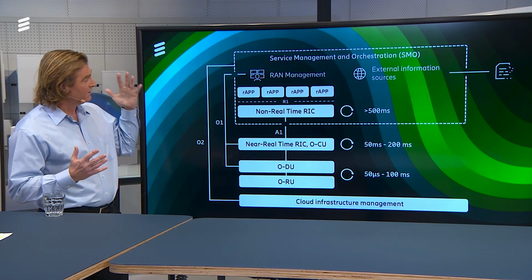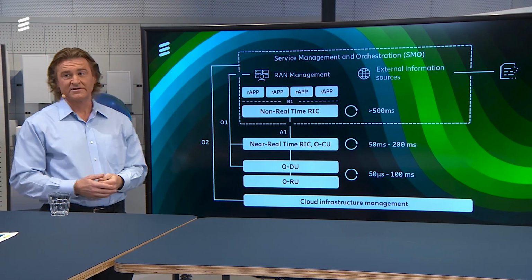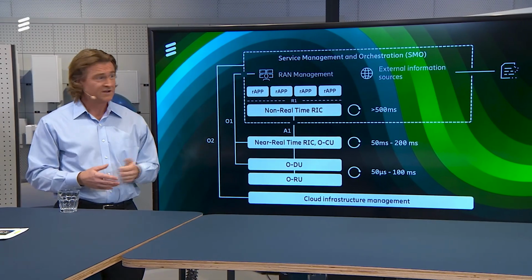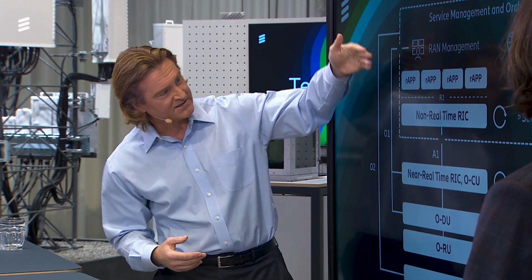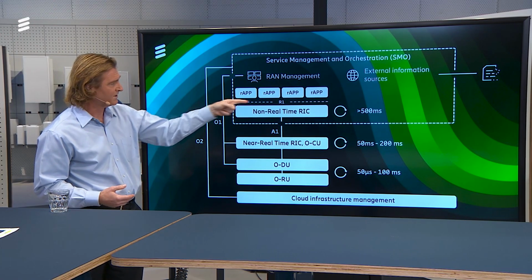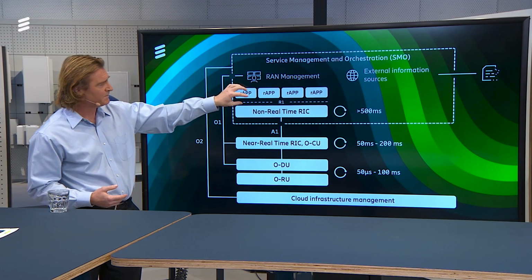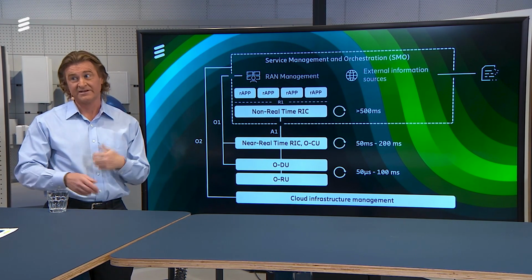Fourthly, we have designed the non-real-time RIC for openness and innovation. And you can see that the RIC itself consists of the rApps up here. Yep. You have the platform down here, and there's an open R1 interface in between. And the rApps are the guys responsible for the intelligence. They do all the magic stuff. The role of the platform is to support these rApps with a set of services so they can do their stuff.